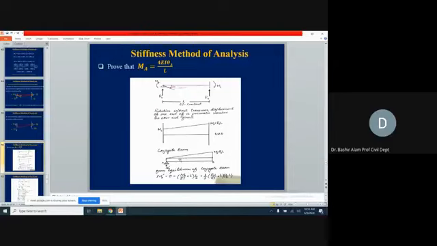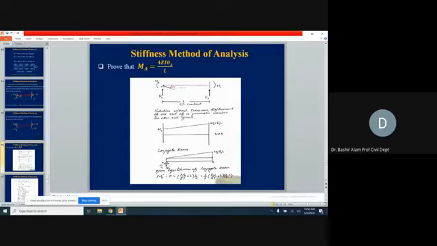Now, to do that, how we proceed with the conjugate beam, we load it with the M over EI diagram. So M we already have, EI is constant. So here we load it. At A we have MA, at B we have MA plus RA times L. So the conjugate beam is loaded with the M over EI diagram.